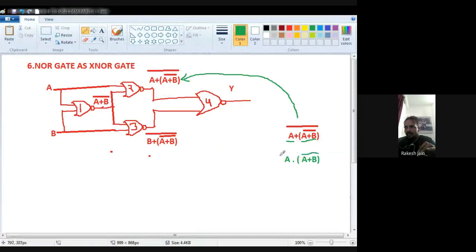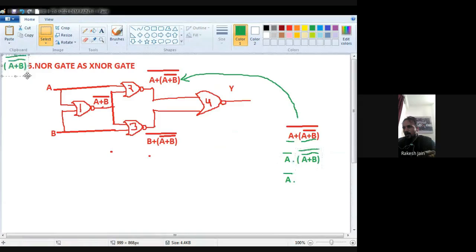Okay, so first of all write down those two things, then put individual bars there. So first is A bar and second is A plus B bar having a bar, and the plus will be converted into a dot. So I put a dot here. Okay, now what will happen? The first will be same, then A bar dot, bar to bar will be cancelled out.